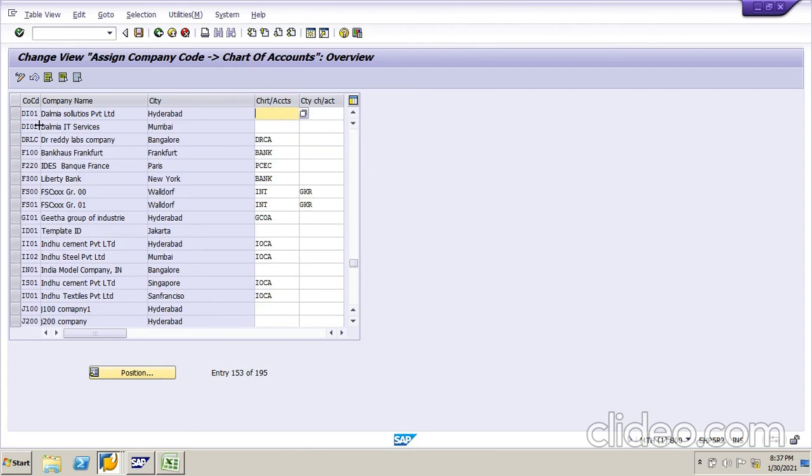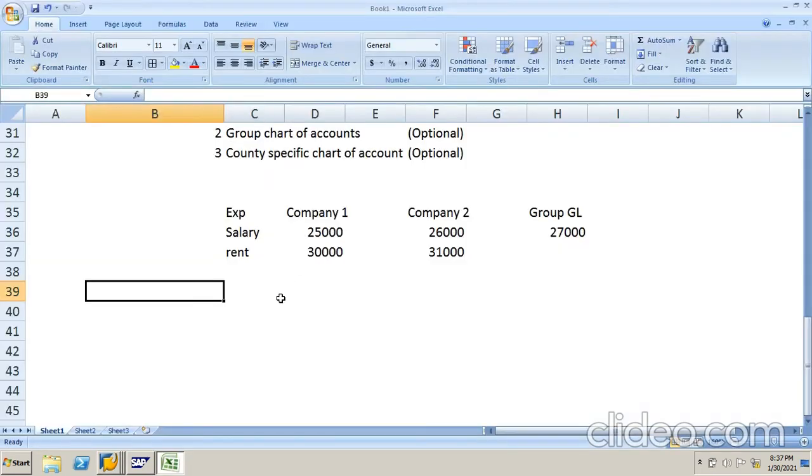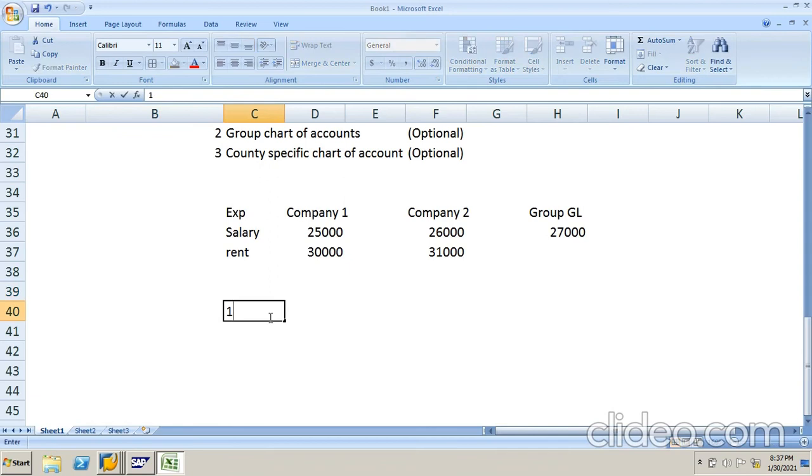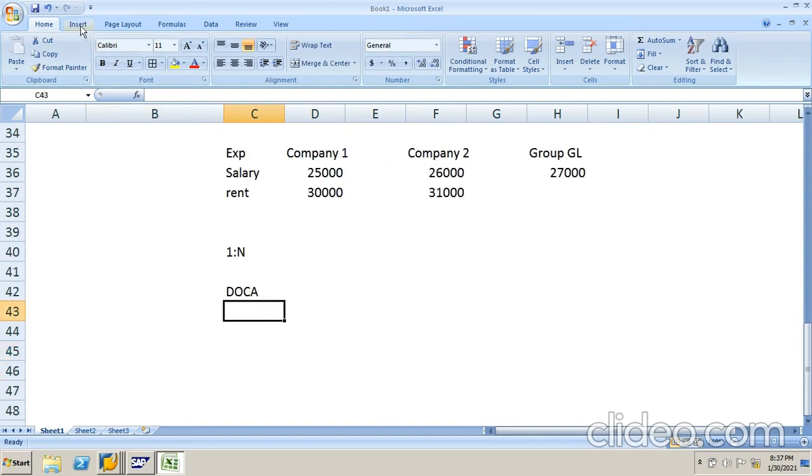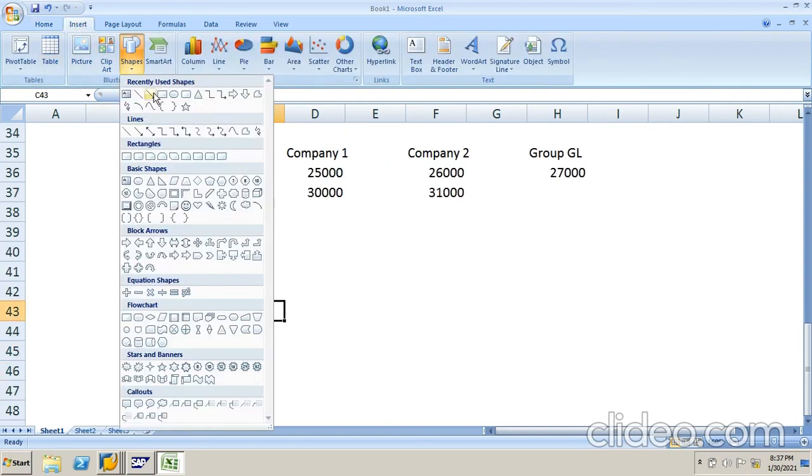DI01, DI02, two companies, we can take the same chart of accounts, because see here, chart of accounts are we can use as a 1:n methodology, or else 1:1 methodology. 1:n methodology, first I will explain 1:n methodology. 1:n methodology means, so this is our chart of accounts, Dalmia operational chart of accounts. This chart of accounts we can use for the different companies.